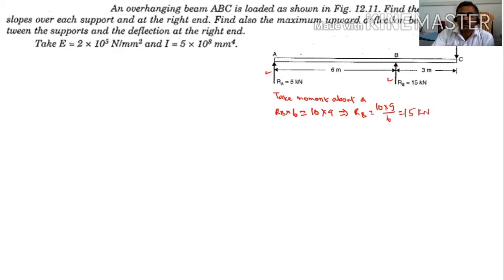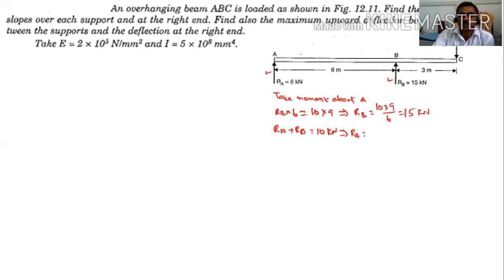Now compare the downward load and upward load. RA plus RB is the upward reaction. The downward load is 10 kilonewton. From this, you can calculate the value of RA.